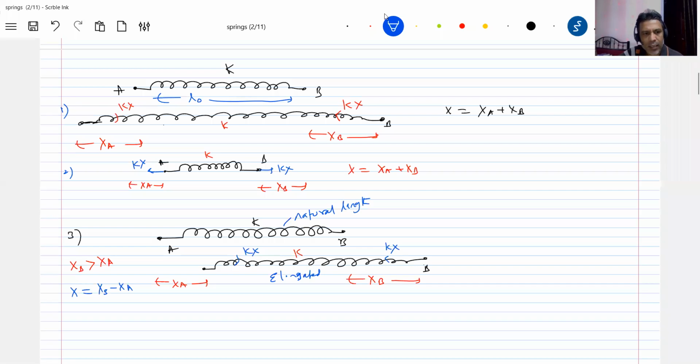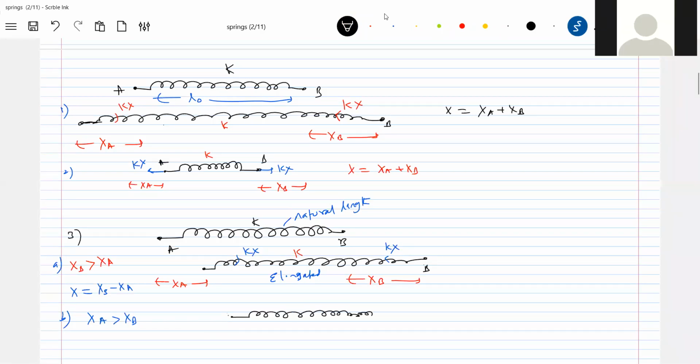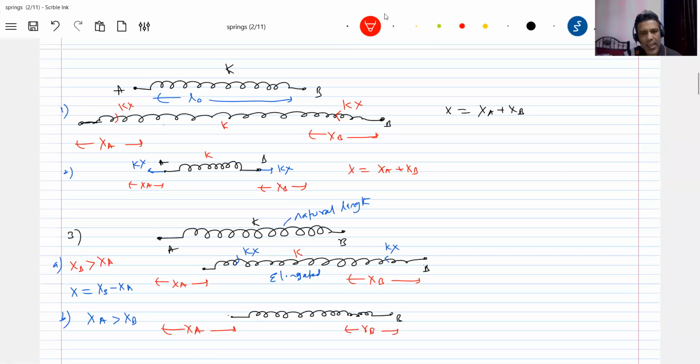Similarly, the first case A, case B, I'll put it. If XA is greater than XB, you can see clearly here now, XA is greater than XB, no?